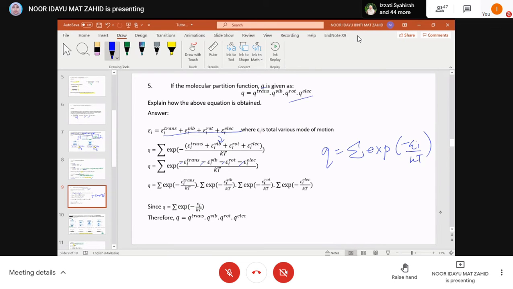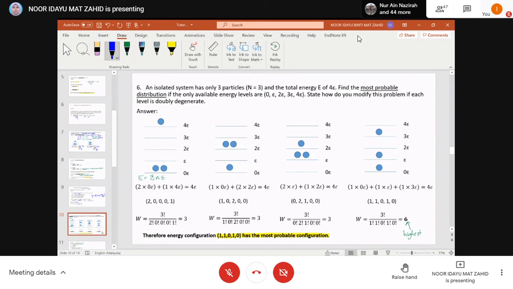So this can be written as follows: the summation of exponential negative epsilon i trans over kT, dot, the summation of exponential negative epsilon i over vibrational, rotational and electronic. So it's a dot product. Since Q is equal to this, we can also say that Q will be equal to Q trans multiplied by Q vibrational, multiplied by Q rotational and Q electronic.